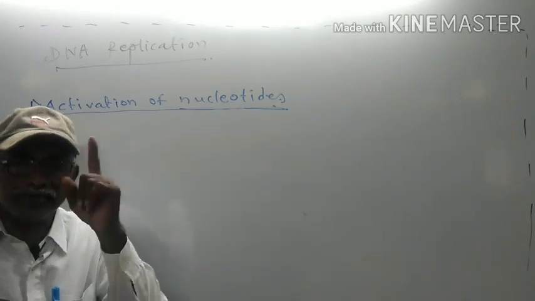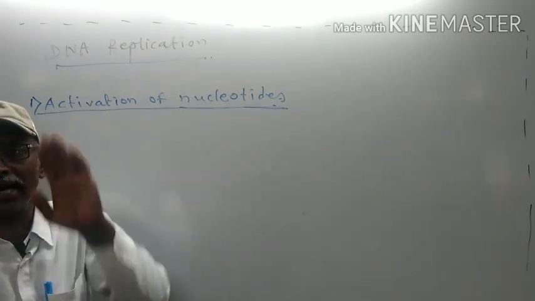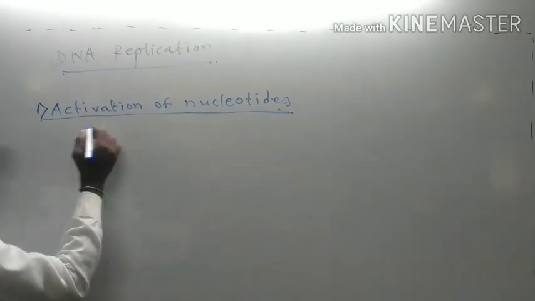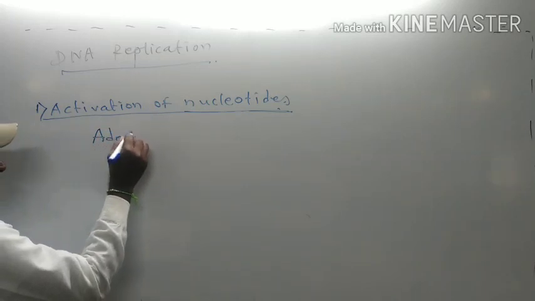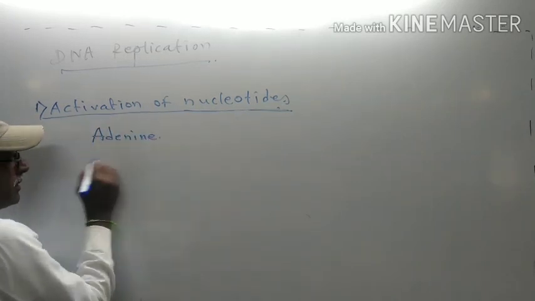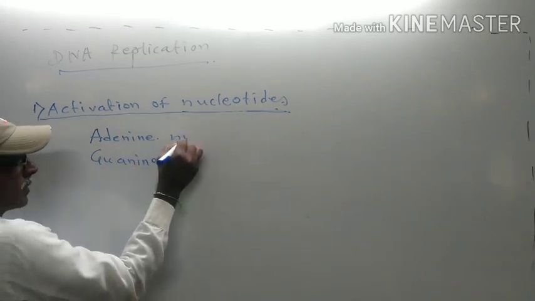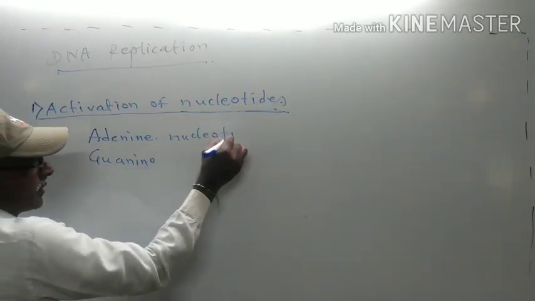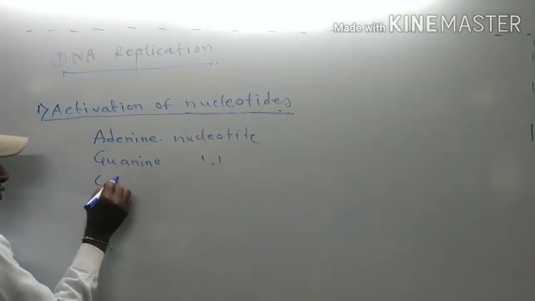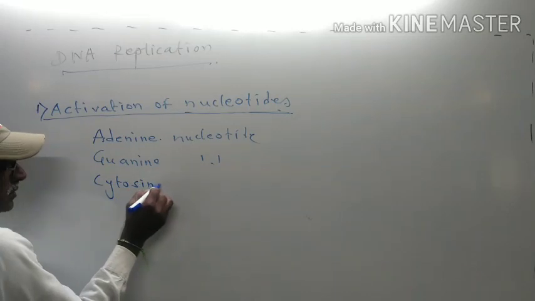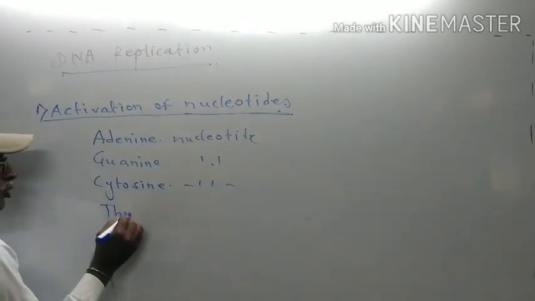According to the nitrogen base, there are 4 types of nucleotides: adenine nucleotide, guanine nucleotide, cytosine nucleotide, and thymine nucleotide.